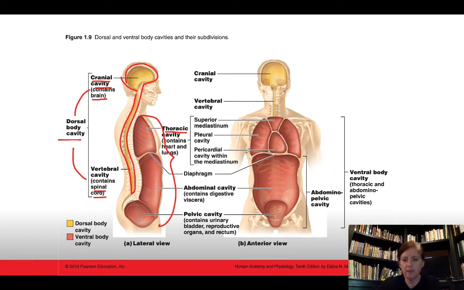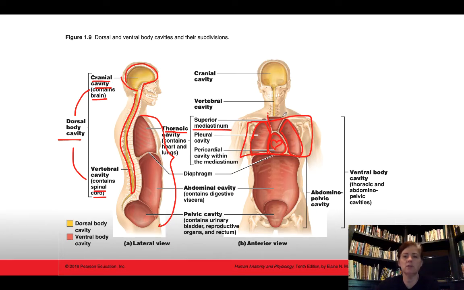And we can actually take that thoracic cavity, so here, and we can further divide it into pleural cavities, which, if you hear the term pleural, it means lung. And then we also have the pericardial cavity in the middle, which is for the heart. Okay, so this whole region in between here is called the mediastinum, and that's not technically a cavity.